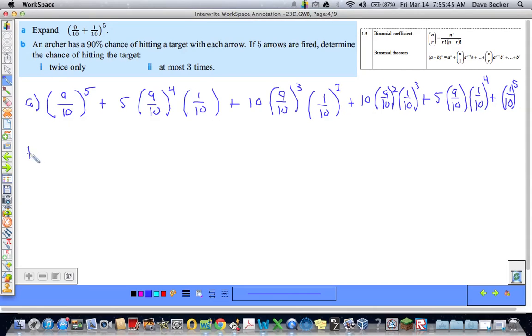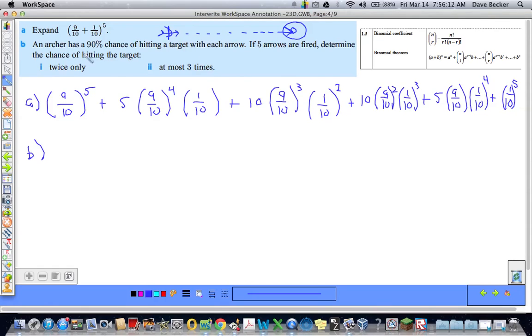All right, so an archer has a 90% chance of hitting a target with each arrow. An archer, that's a guy who shoots a bow and arrow, right? So this is a bow, and we have an arrow, and we have a target over here, and we pull it back, and it's like bang, zoom, and it hits the target or it doesn't.